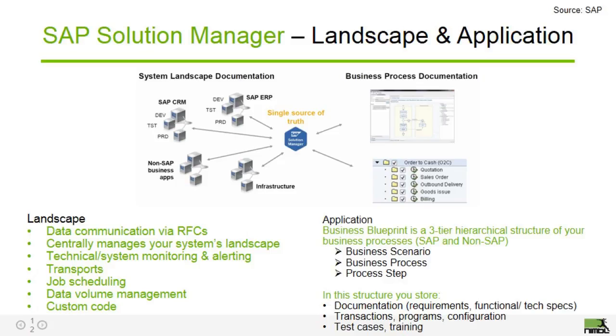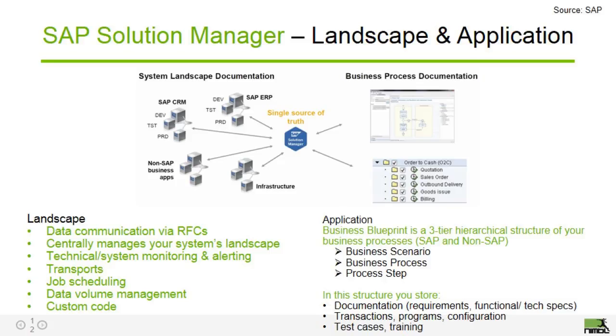But to manage your application, Solution Manager needs to know what your business processes are. So it's important that you define your business processes within Solution Manager for you to be able to manage them. Now, the business process repository is built up in a 3-tier hierarchical structure.